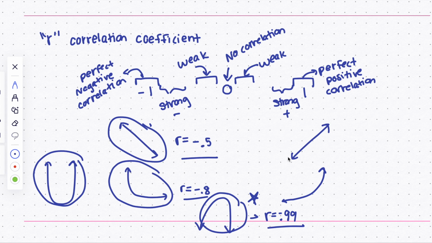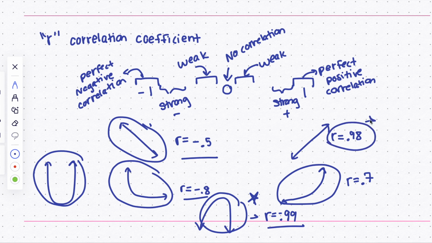And this would also be true over here, but let's say it's the reverse. Let's say that we run the exponential regression and we get R is equal to positive 0.7. And then when we run it for the linear, we get R is equal to positive 0.98. Again, you would then choose the linear regression equation that represents your data, and that would be the line of best fit that you would want to use.